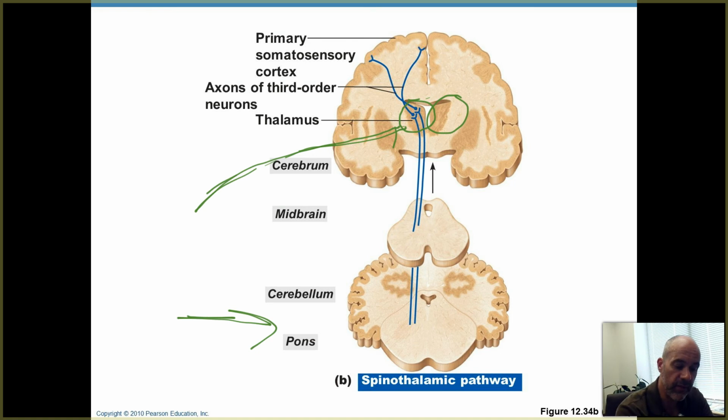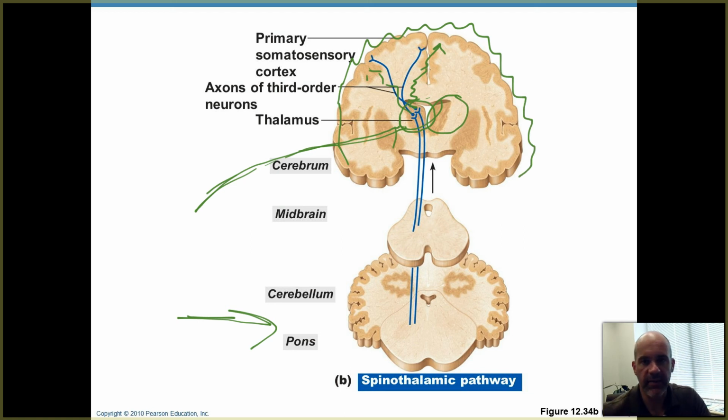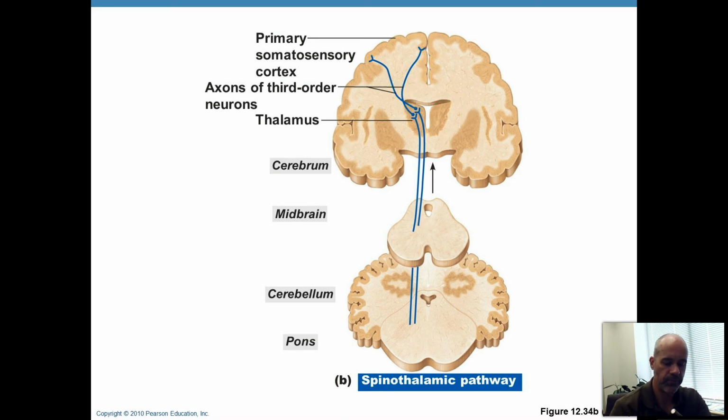And so you can see you've got another synapse there. So these neurons then get stimulated to send action potentials up here to the surface of the brain where you've got lots and lots of cell bodies of neurons that are involved in making important decisions for you.